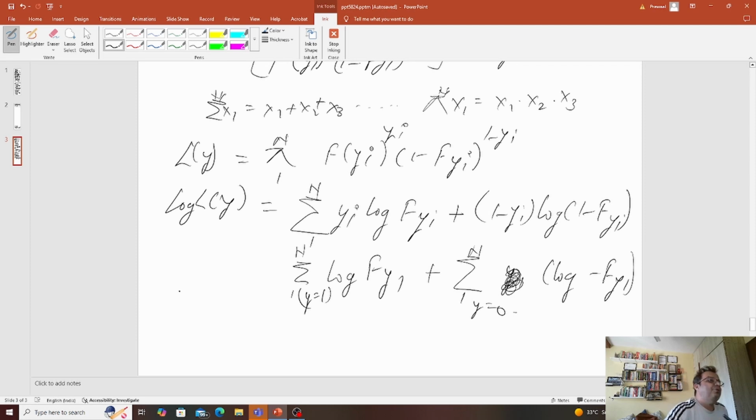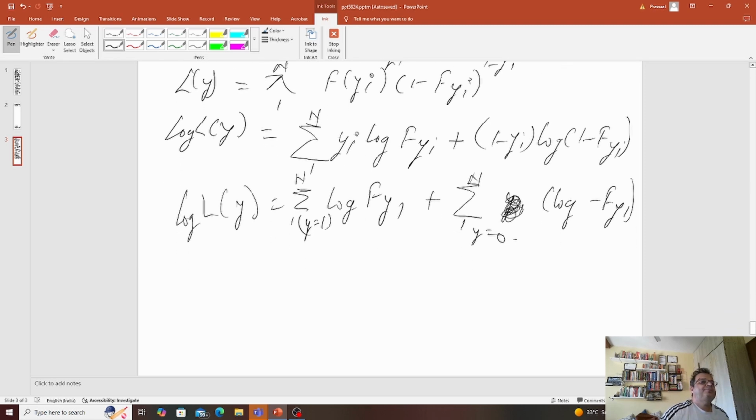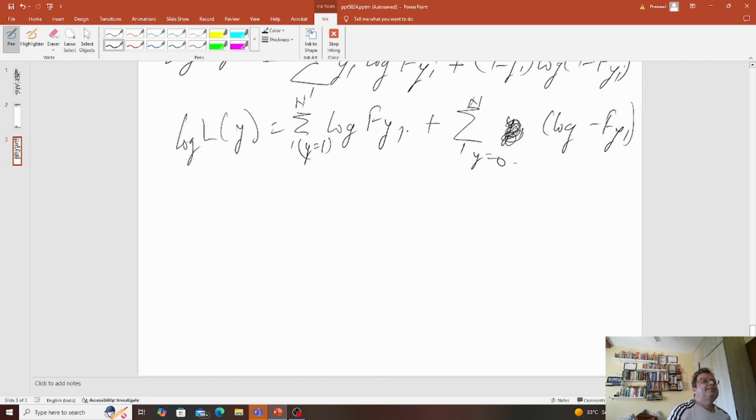So this is how you will get the log likelihood function, the loss function, and whether you minimize or maximize L, or minimize or maximize the log of that function, it is similar. So you can differentiate this now with respect to the parameters that you want to estimate, and it is going to give you the values of those estimates. So this is how the maximum likelihood function will operate when it comes to model estimation.